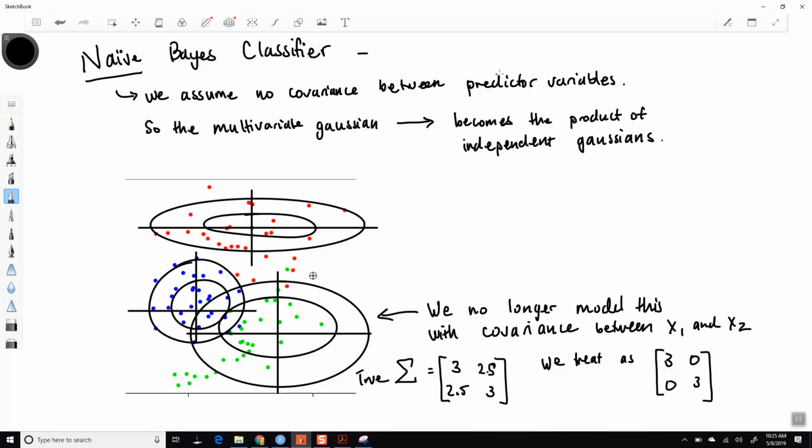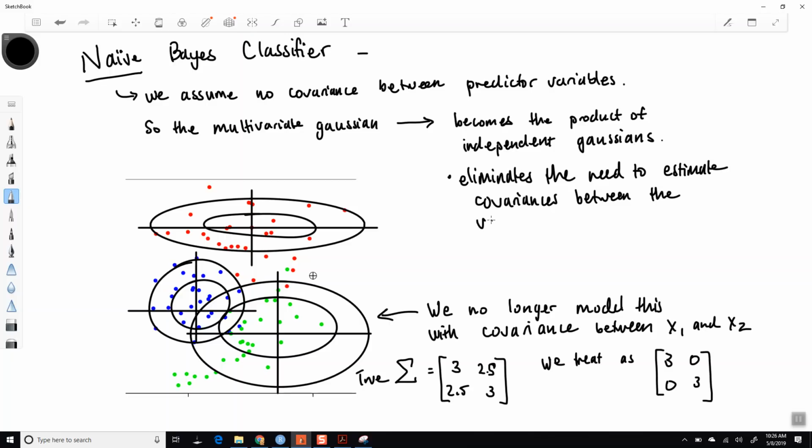Okay, so the multivariate Gaussian becomes the product of independent Gaussians, and that eliminates the need to estimate covariances between the x variables.